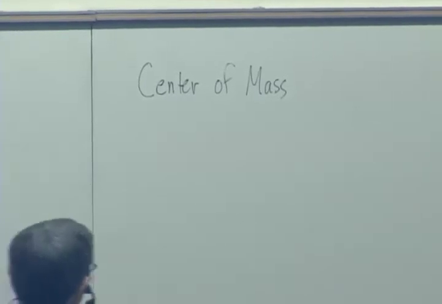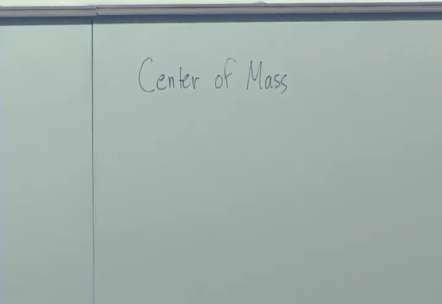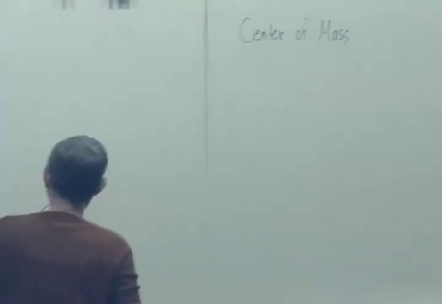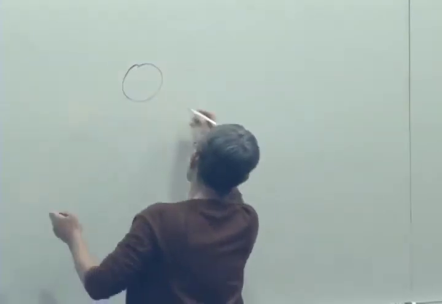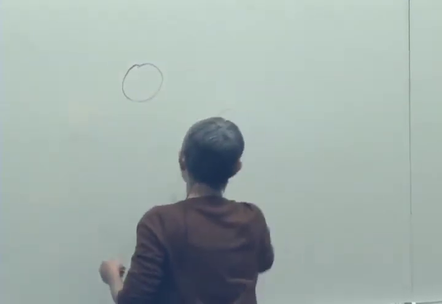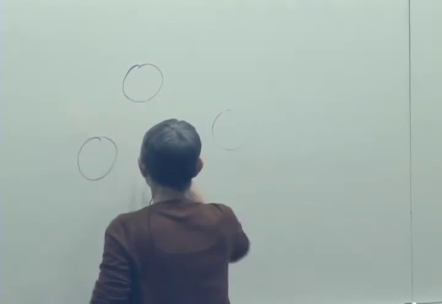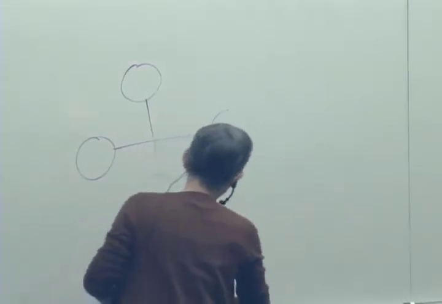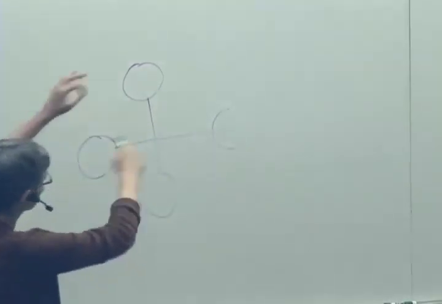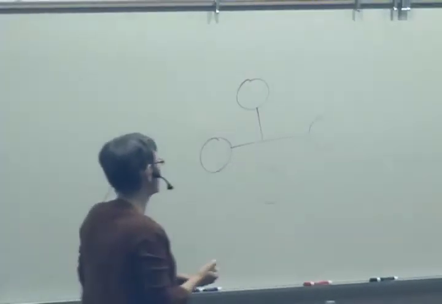We'll review it quickly, it's pretty much what it sounds like. If you have some object that's got a big piece here and a thing there and a thing there, and they're all connected by some sort of framework, and you want to talk about the motion of the object as a whole, we usually talk about the motion of its center of mass.